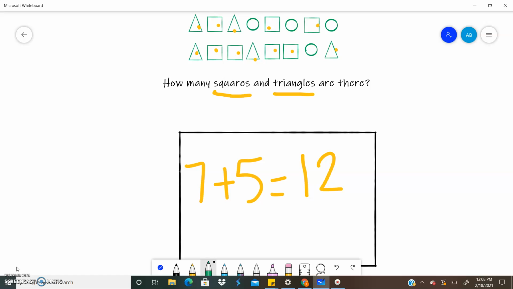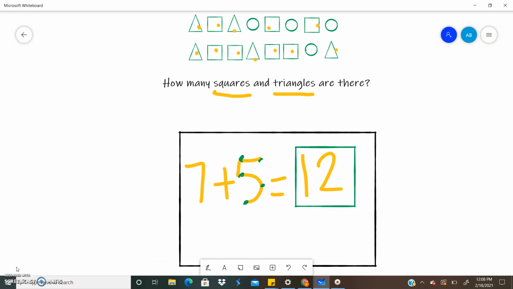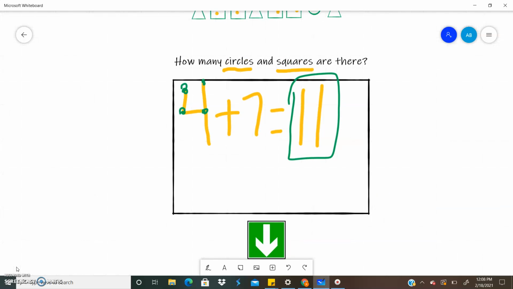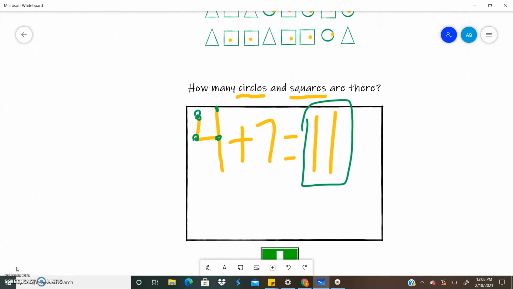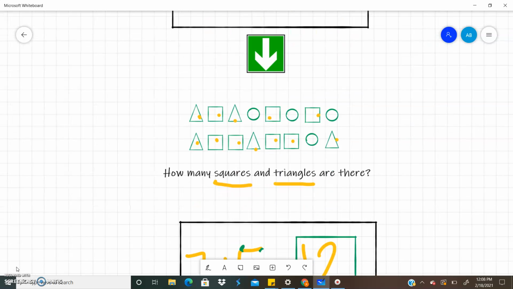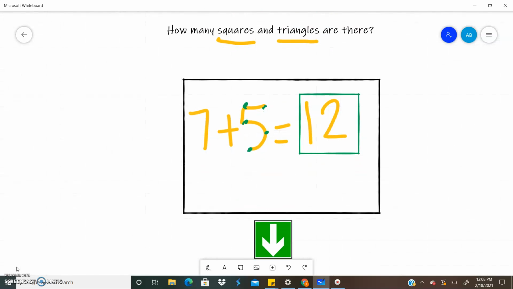Are you ready? 7, 8, 9, 10, 11, 12. Our answer is 12. Now, if you notice on touch math, however many dots you put on it is whatever that number is. So we have the number 5 here, and we have 5 dots right here. Now, if we go up here, we have 4 dots because the number is 4. So how many squares and triangles are there?